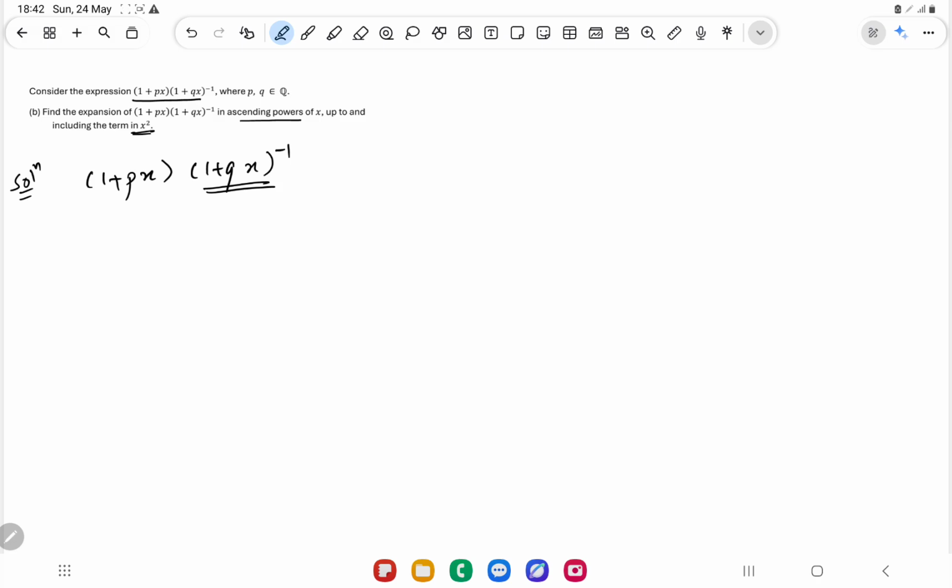So I will be writing at least 3 correct terms in this expansion. Upon using the formula, I will get these 3 terms, minus 1, minus 2 upon 2 factorial multiplied by qx to the power 2, and it keeps on going.